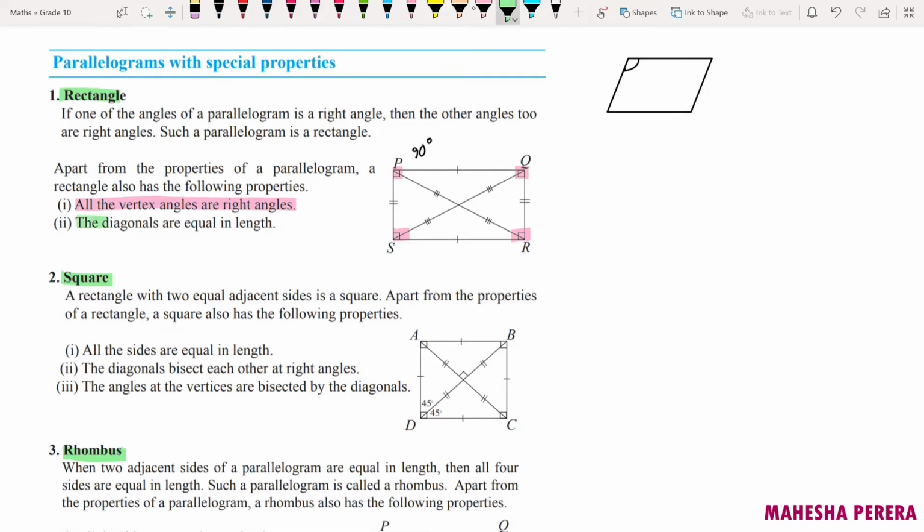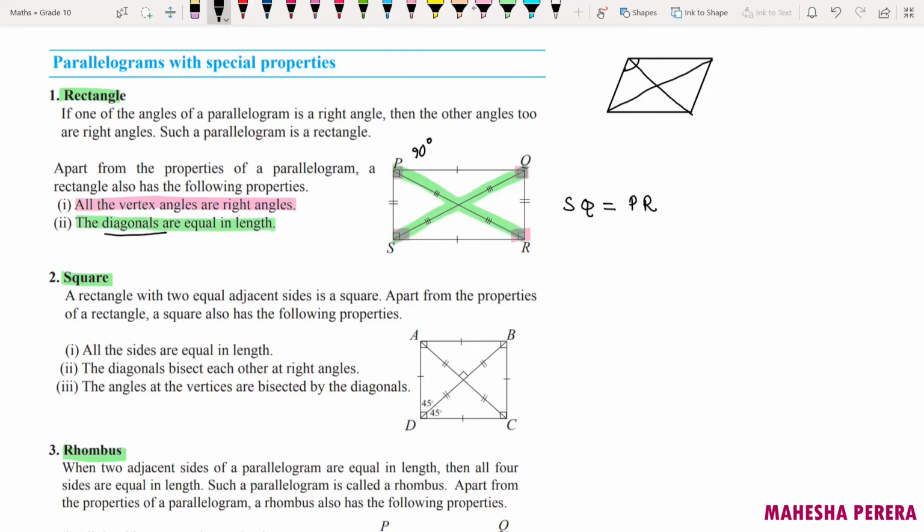And then the diagonals are equal in length. Now, when you consider a normal parallelogram, this diagonal is obviously not equal to the other diagonal, right? But when you consider a rectangle, the two diagonals are equal in length, right? Can you see? This length is equal to this length. Okay? Now, if I write like this, SQ should be equal to PR.